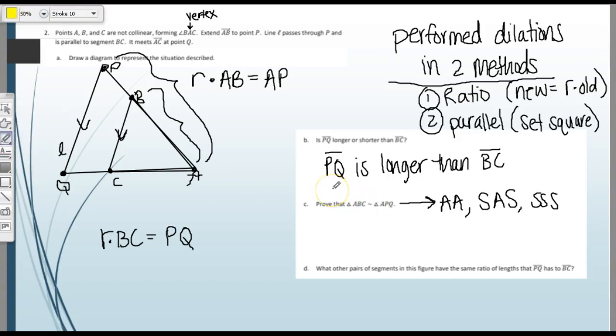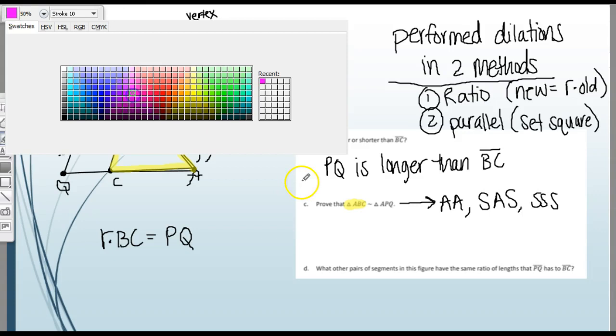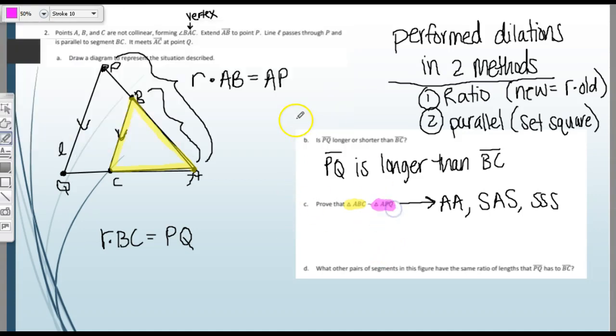So just to highlight what we're looking at, triangle ABC, that's the little one. And then in pink, I will do triangle APQ. Like that. So Kevin says angle P with angle CBA, first off.